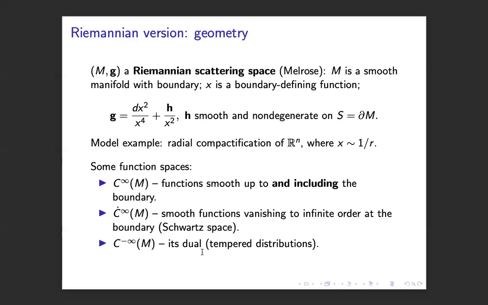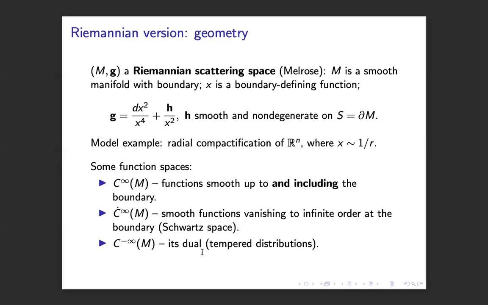If you take x to be some smooth function that goes as 1 over r, you can just do the chain rule and see this is exactly the right powers of x. So an example of this is just R^n.